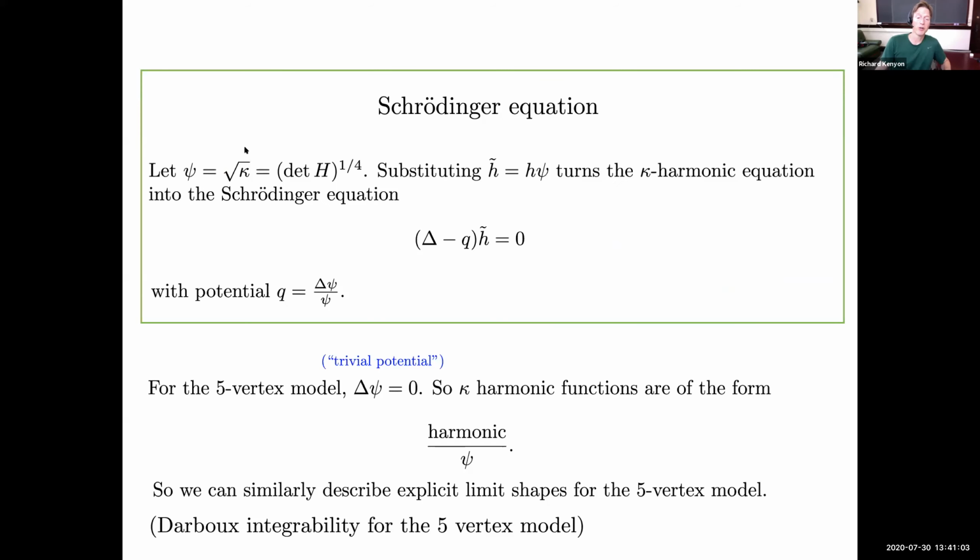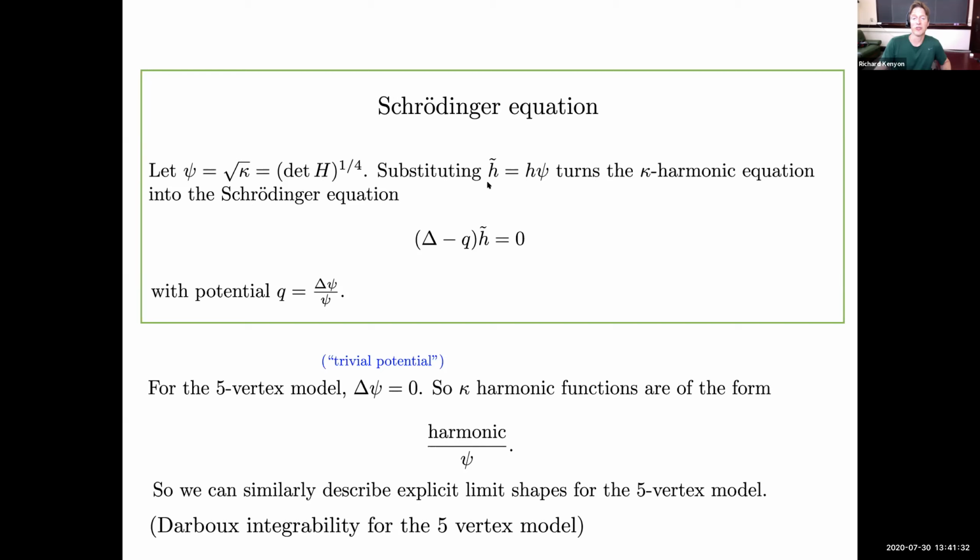Okay, here's one more little trick, which is going to be relevant for tomorrow's talk. Let psi be the square root of kappa, which is now the fourth root of the determinant of the Hessian. If we replace h with h times psi, then that kappa harmonic equation becomes a Schrodinger equation.